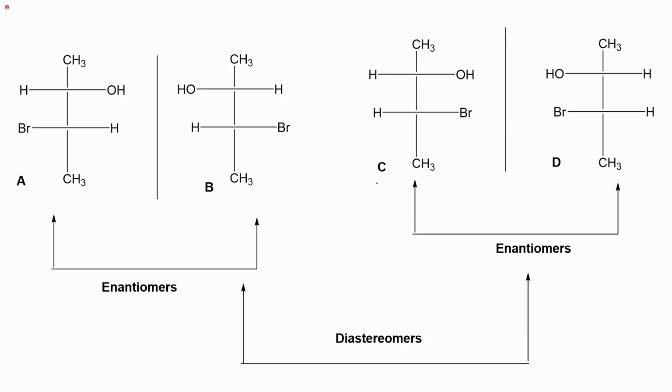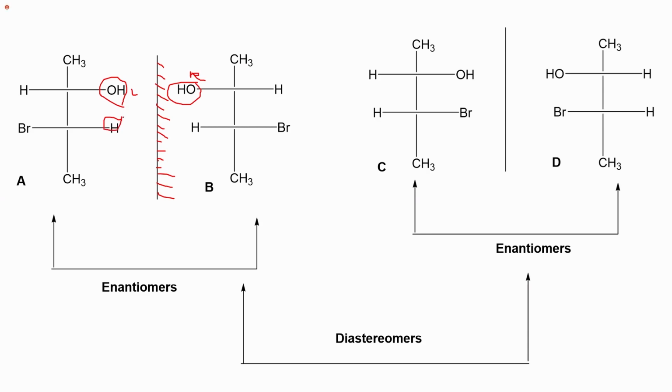Now the question is A and B. OH is on the left side. Let's say this is a mirror image. Now OH is on the left side, and now this OH is on the right side.